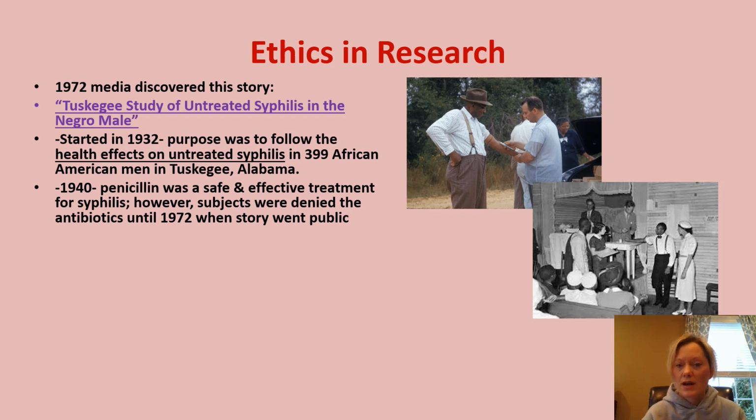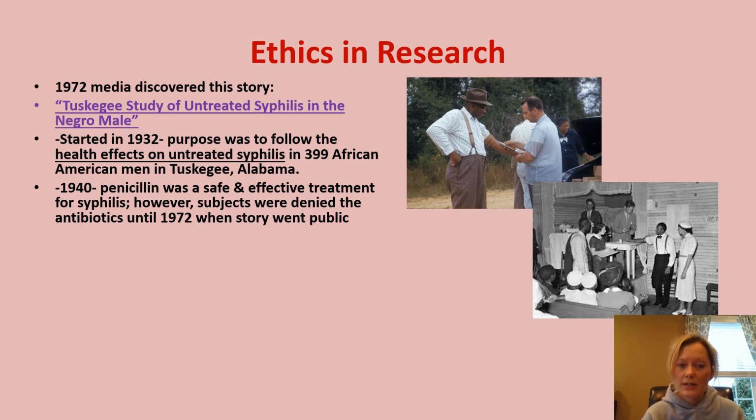Ethics over time has really developed these guidelines and so forth. Sometimes people in the past have volunteered to do things, and it's still been unethical. There was a study done in Tuskegee, Alabama, to try to help African American men who had syphilis.